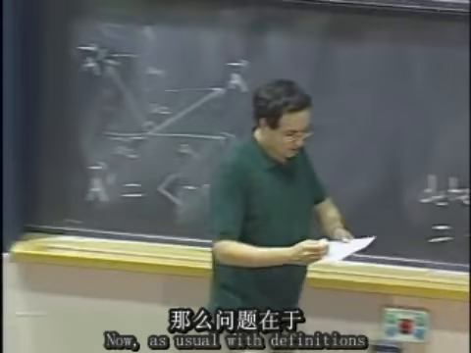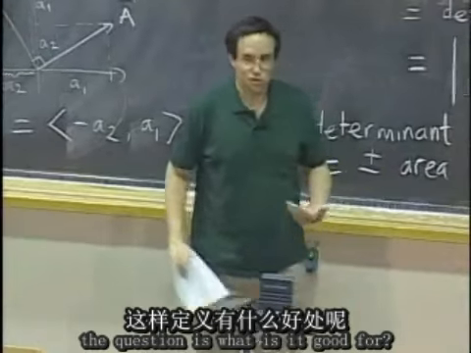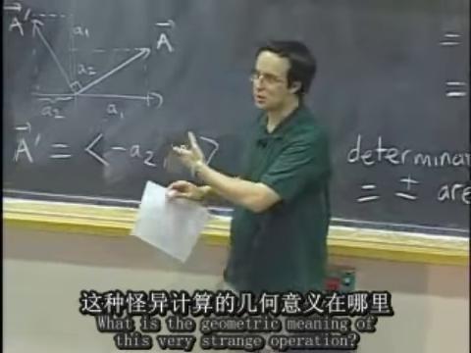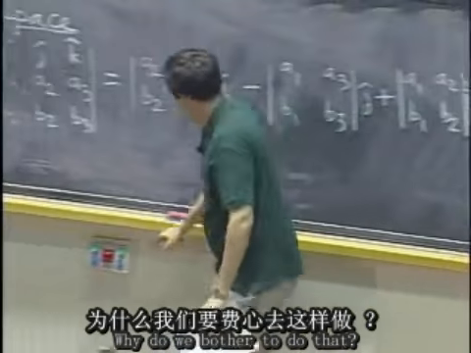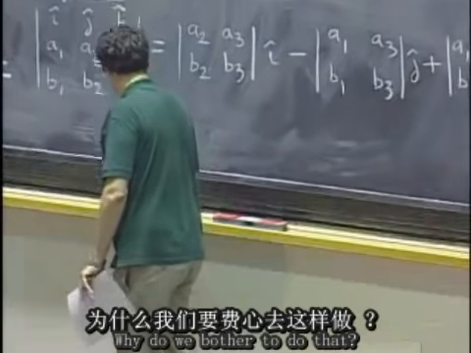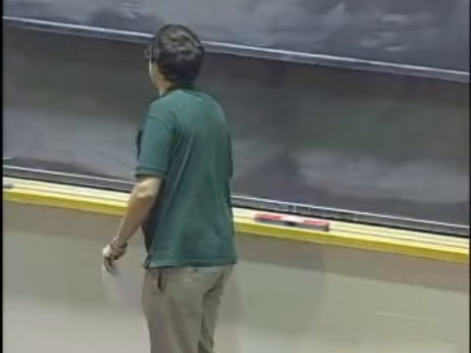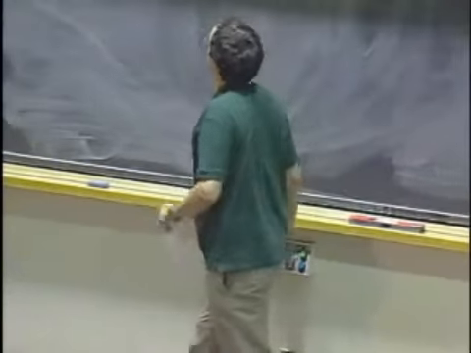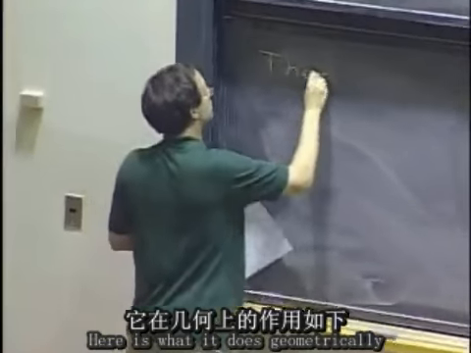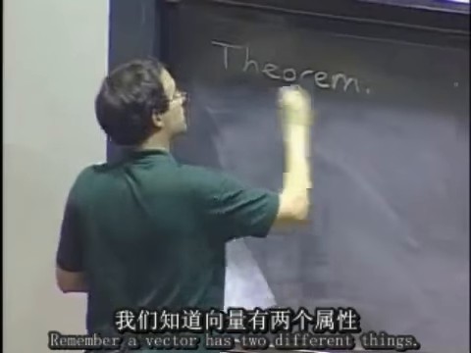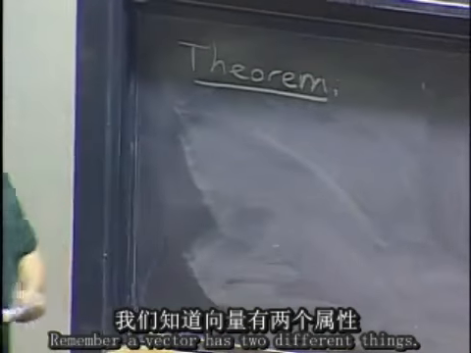Now, as usual with definitions, the question is, what is it good for? What is the geometric meaning of this very strange operation? Why do we bother to do that? So here's what it does geometrically. Remember, a vector has two different things.